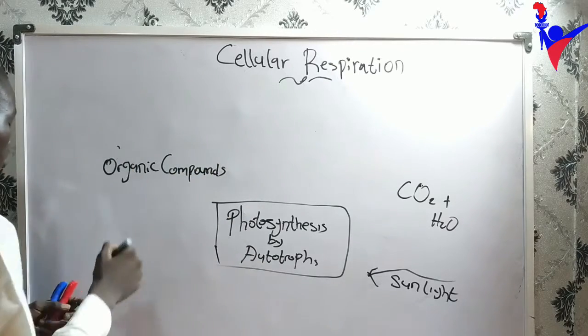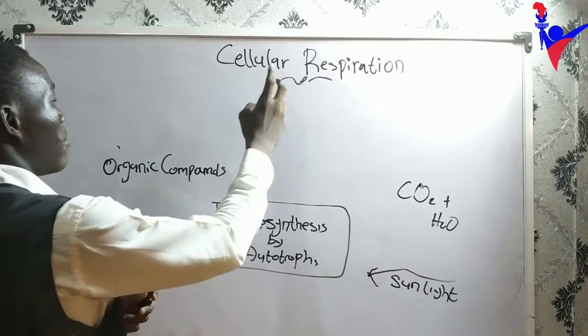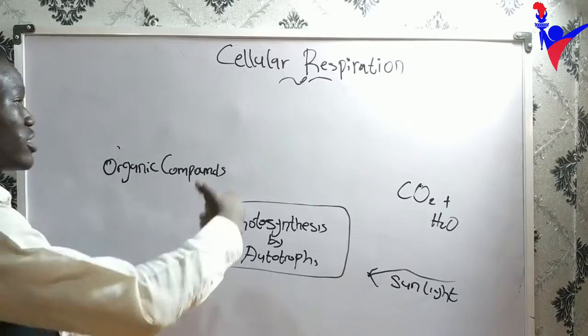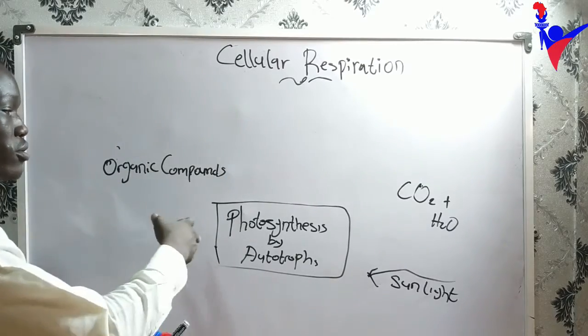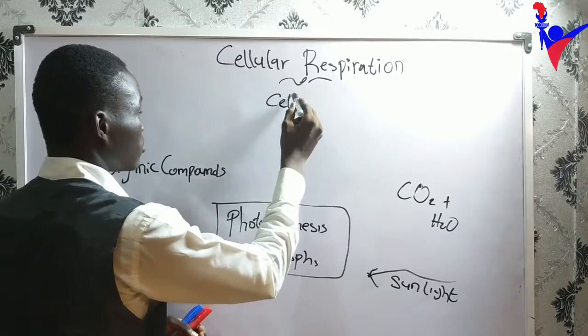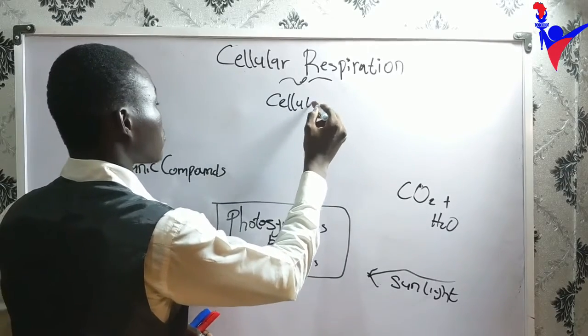And these organic compounds are taken in by autotrophs and heterotrophs, whereby they use cellular respiration to break this organic compound back to give us CO2 and H2O. So we have our cellular respiration.